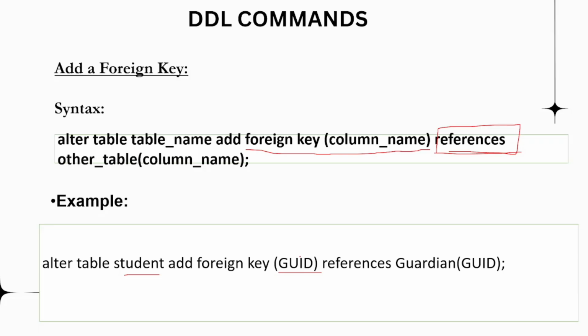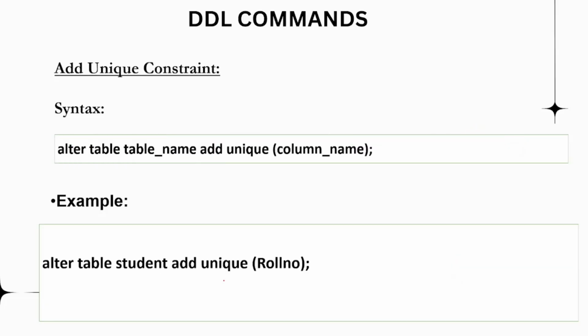So GUID is a foreign key of the student table. REFERENCES guardian table, I am giving GUID. GUID is the primary key of the guardian table. And what columns are there in the guardian table and student table, we already discussed in the database video. Those who didn't watch, please do watch that video.